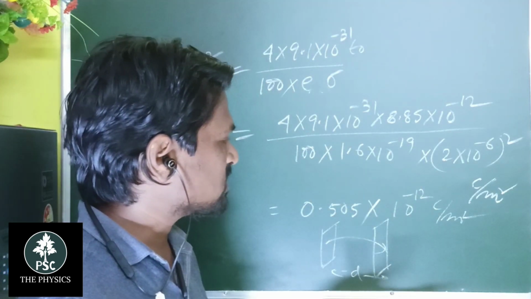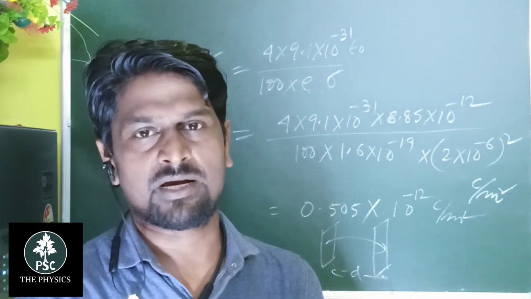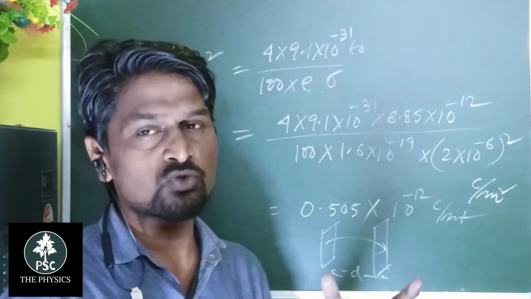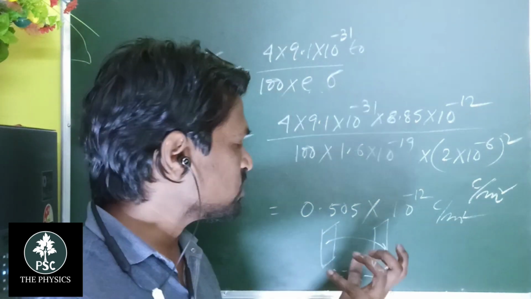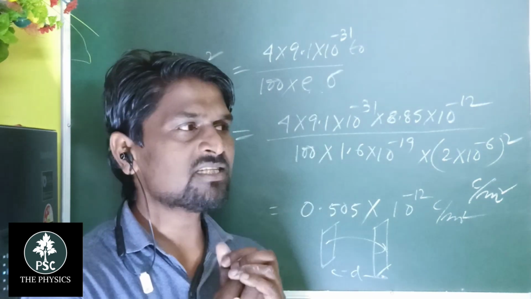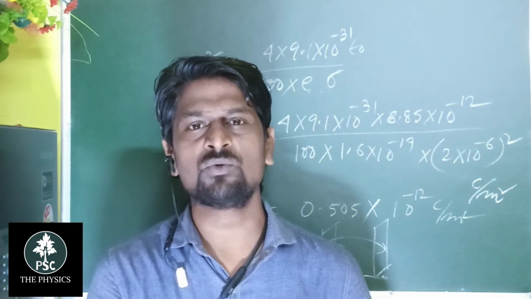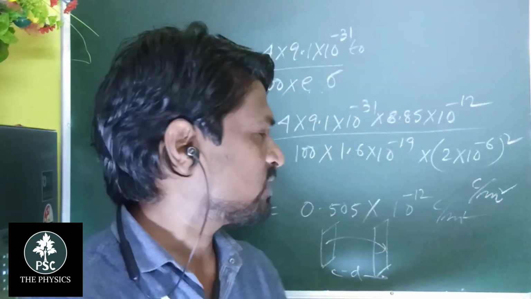It is so simple. You just have to apply S equal to ut plus half at square, where acceleration equals force by mass. Where is the force? Because there is an electric field. So what about the electric field? The surface charge density: sigma by epsilon naught equals E. So you have to calculate sigma.